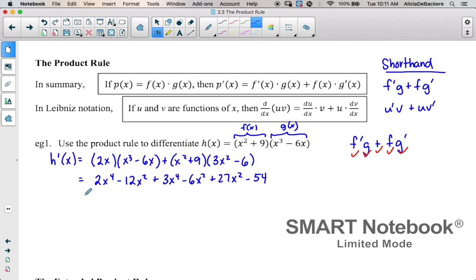And now I'm going to collect like terms. I end up with a form of a quadratic, so I could check to see if this factors. Remember here, x to the power 4 is just x squared squared, so it is still a quadratic, but this guy does not factor. So I'm done.